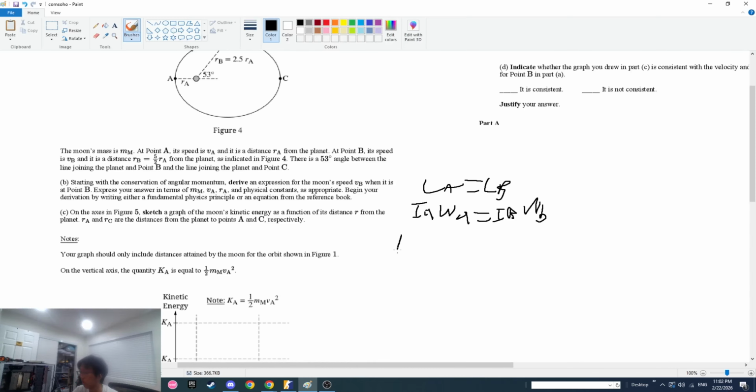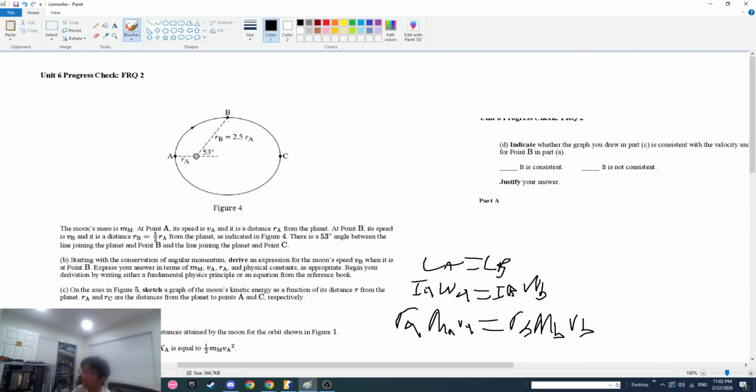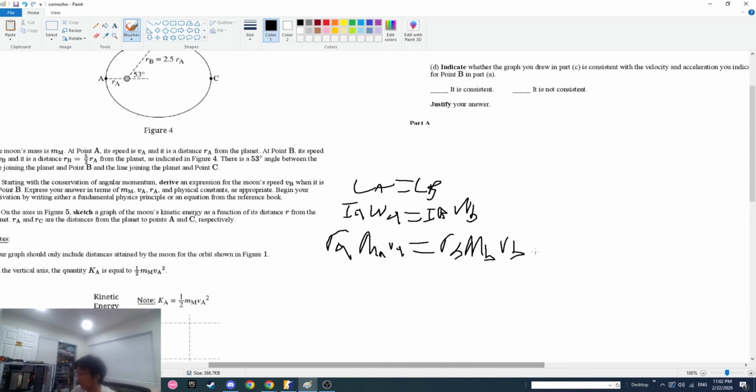And we write this as R_A M_A V_A equals R_B M_B V_B. And since we know that the velocity at B isn't perpendicular, we need to get the sine portion of it. So we have to add sine theta to the end of this.